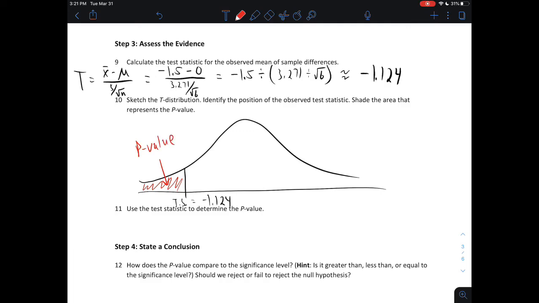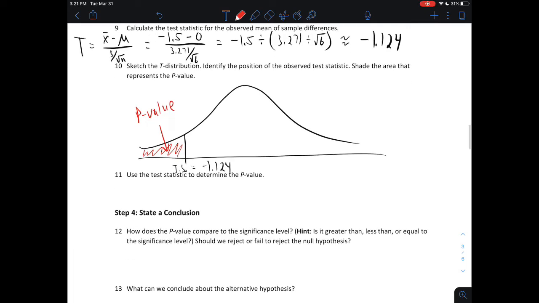And then the way that we find our p-value, as we discussed in the previous lesson, we can use the tCDF function. So second vars tCDF, we're going to enter the lower t-score and then the upper t-score and then our degrees of freedom.